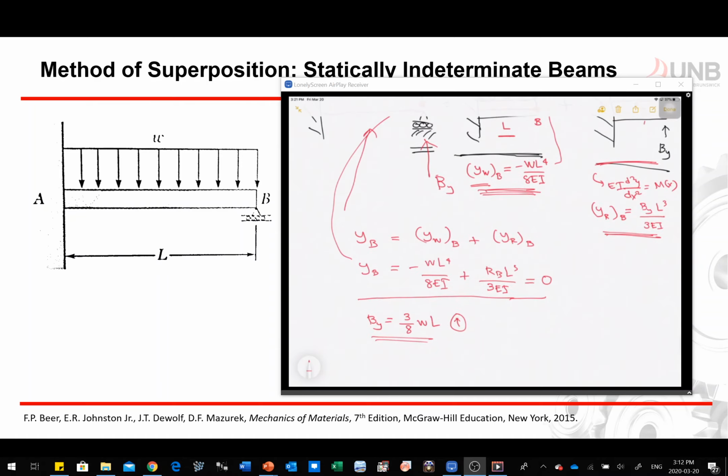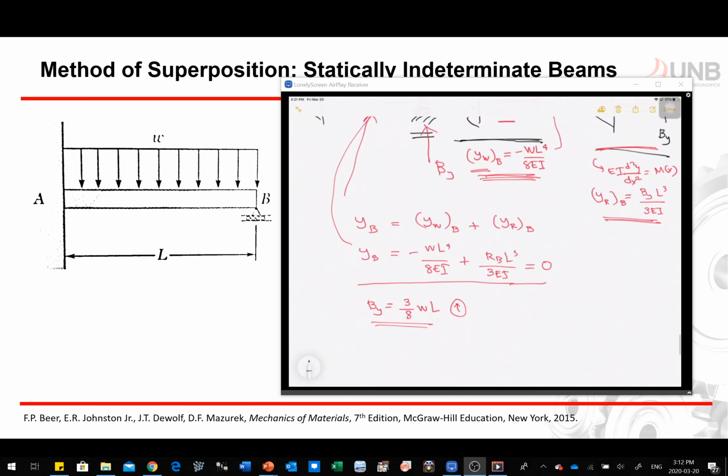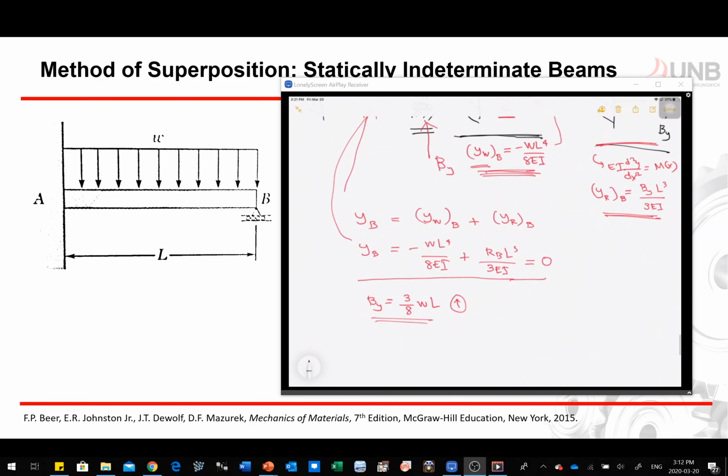Now, how can I get the other numbers? So we have summation of forces along Y equal to 0, which means I'm going to get AY plus BY minus WL equal to 0.